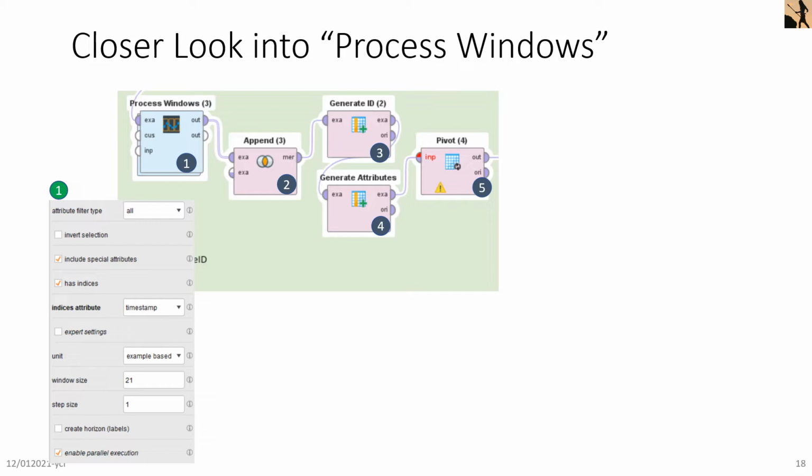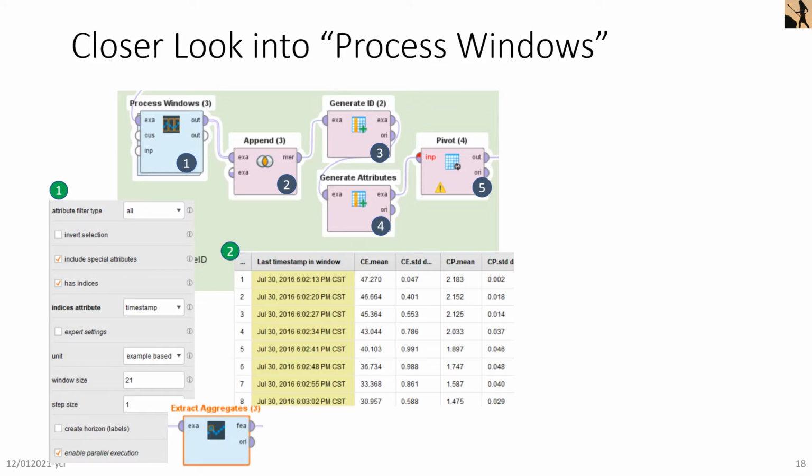As specified here, 21 is the window size, and inside this process windows, if we run a simple operator named extract aggregates and specify the aggregates we like, such as mean, standard deviation, we should come up with 8 records. As you can see from the time step, each spans about 7 seconds, and the last one is incomplete, so we have only 8 records here as a result of the second, number 2 here.